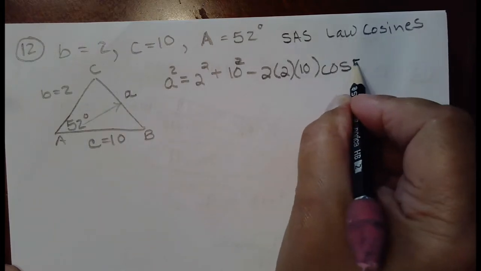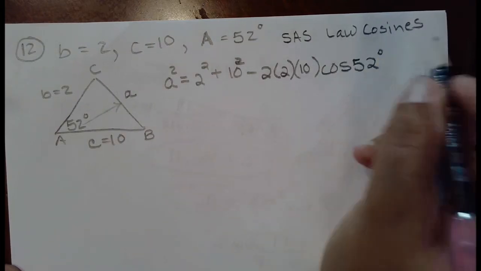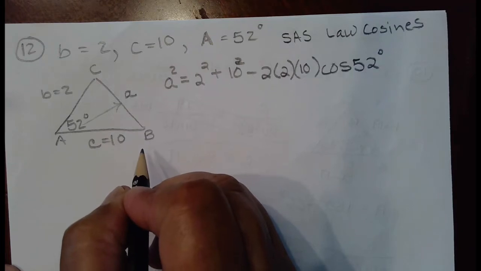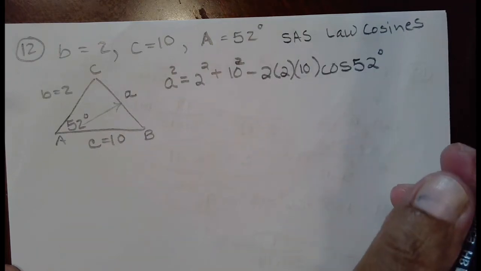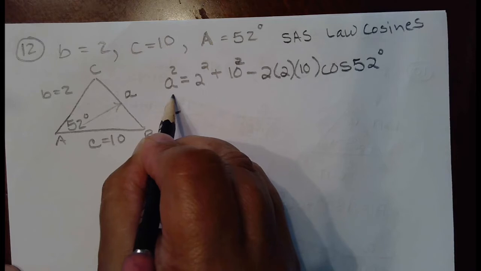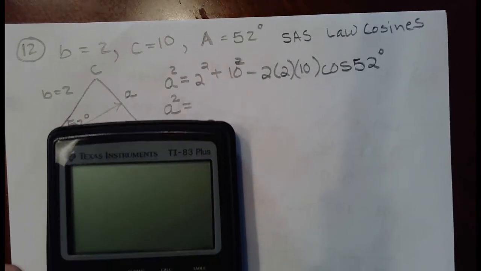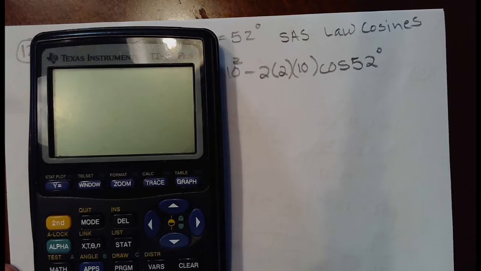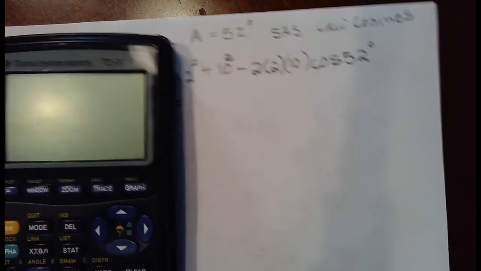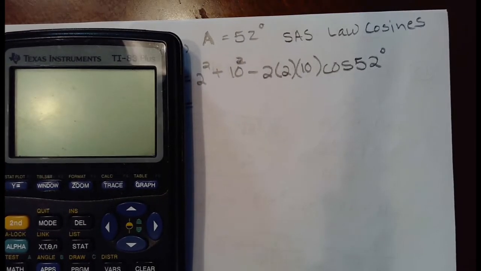Okay, so in this problem, it is 2 squared plus 10 squared minus 2 times 10 times cosine of 52. Okay, and that, we'll just leave in the calculator. That is just A squared.